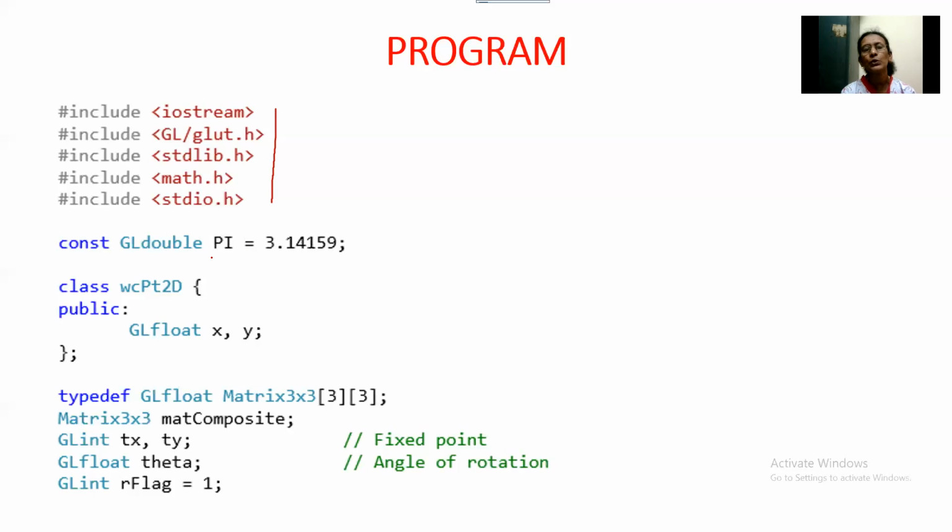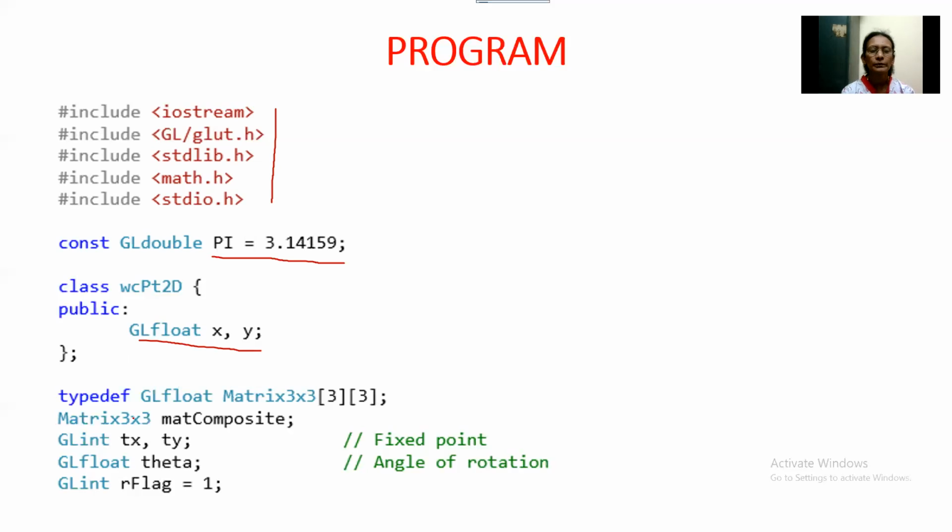For this you need the value of pi, so we are declaring the constant pi. Next, how do we declare the point? A point is x, y, an entity which should be held together. So we are declaring a class, world coordinate point 2D, which has 2 members, x and y.